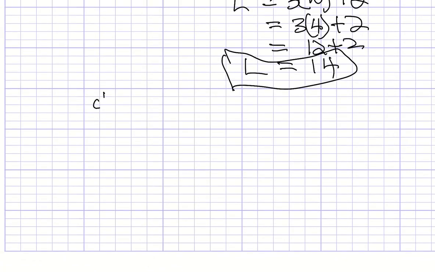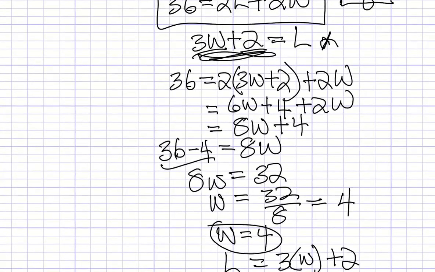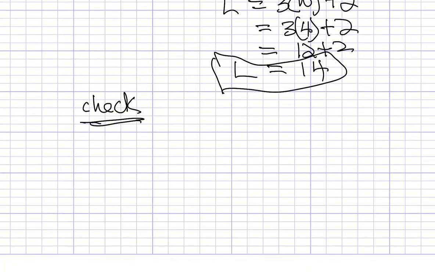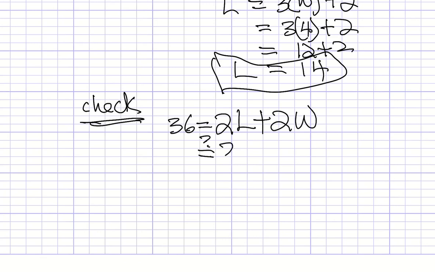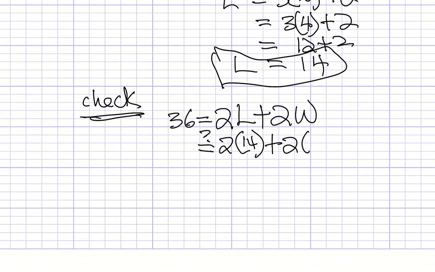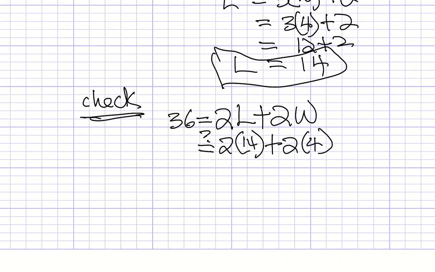We can check to see if it checks out. What is the perimeter? 36, right? We know that 36 is equal to 2L plus 2W. Does it check out? 2L, what is L? 14. Plus 2W, what is W? 4.